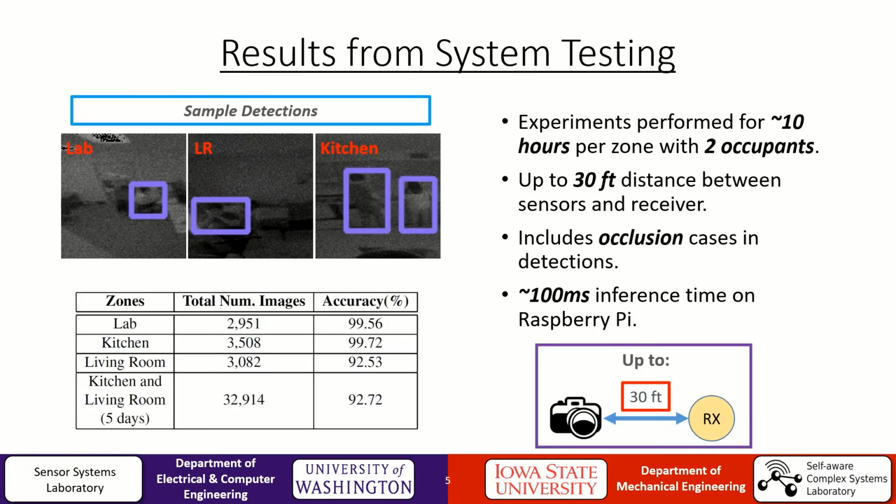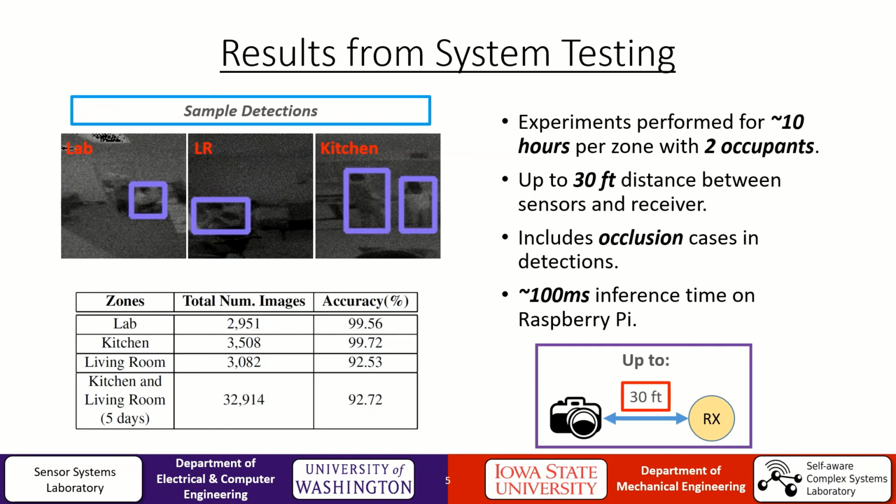After deploying the model on the system, we tested it by performing a few experiments in different locations, including the lab and the living room and kitchen in my apartment. For each location, the system was tested for up to 10 hours with up to 2 occupants. In the experiment, I placed the sensor and receiver up to 30 feet apart, and the system communication still worked perfectly.